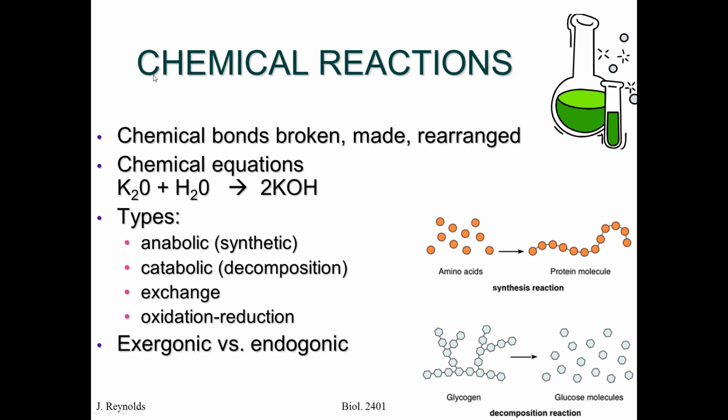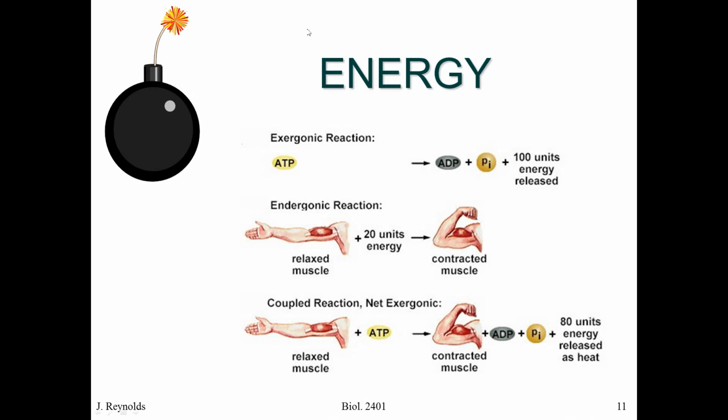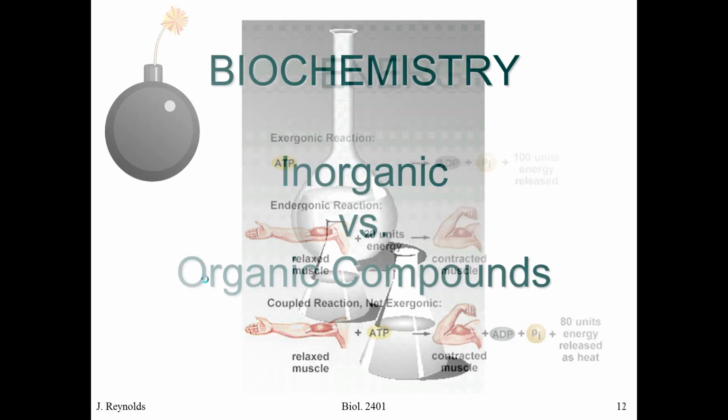Exergonic means energy producing. So, here's a reference to energy. Production of ATP, endergonic reactions. The ATP has got to be used to produce muscle contraction. I'm not going to get into that more.